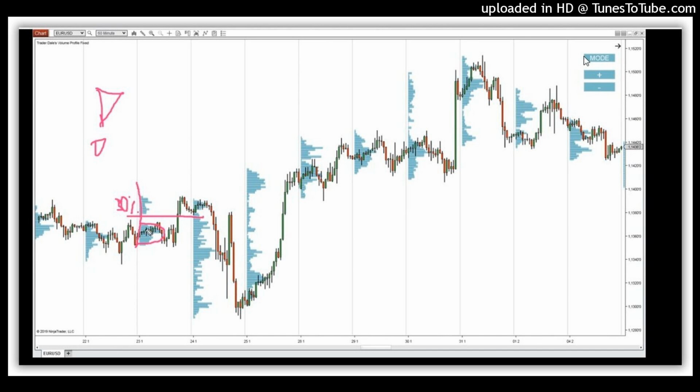Alright, so the volumes shift from upwards to downwards and then usually to the center. And if you merge those three profiles, then it creates one big D-shaped profile. Alright, one big balance in this area. This is a balanced market.